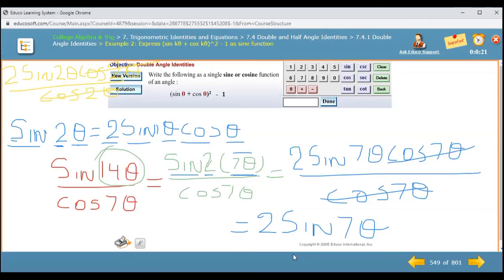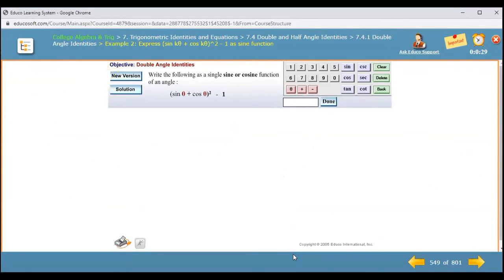All right, now if we look at this question here, it says write the following as a single sine or cosine function. What we do in this case, again, it is a square problem. Square problem means I have to use FOIL, or otherwise I just have to find the square. A plus b squared is a squared plus 2ab plus b squared.